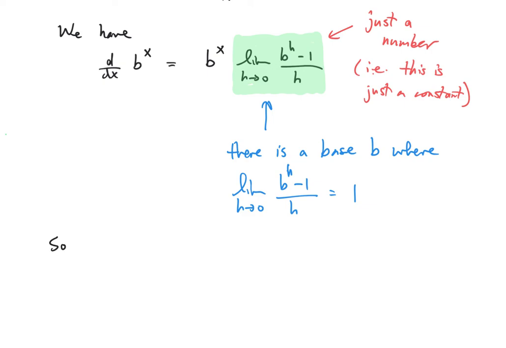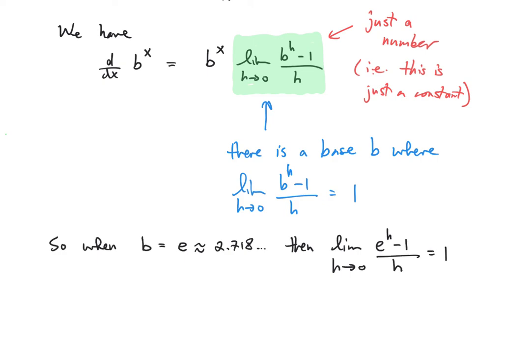So when the base b happens to be equal to some special constant e, which is approximately equal to 2.718, an irrational number that goes on forever, then we know that the limit as h goes to 0 of e to the h minus 1 divided by h is equal to 1.